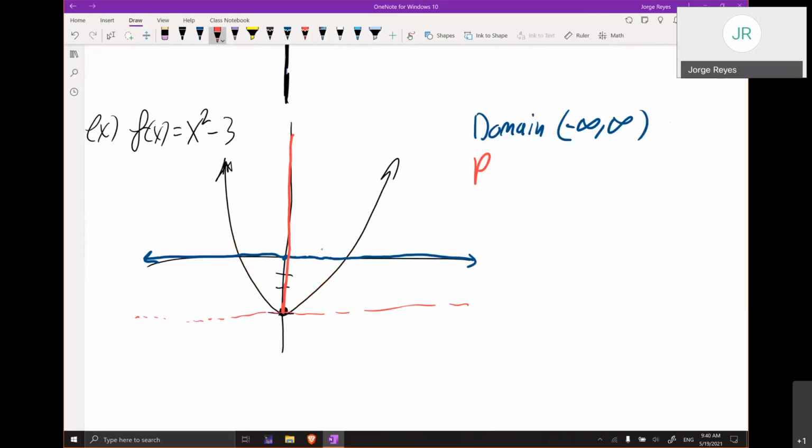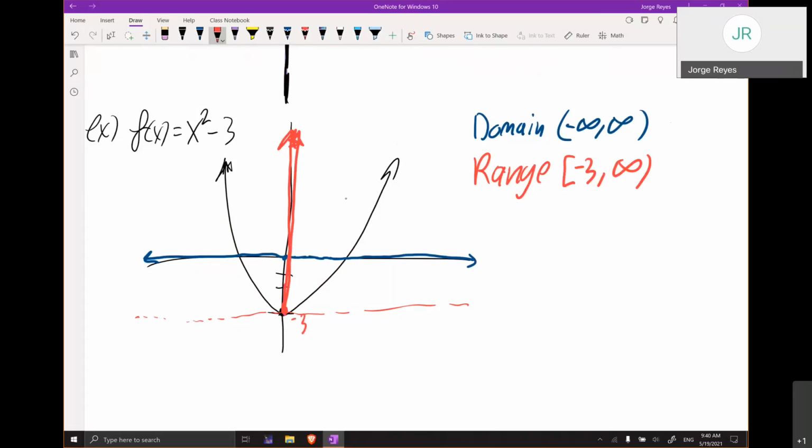So the range is, this is -3, so it's bracket -3 to infinity, because I start down here and then I just go up forever. I hope you can see the domain and range, like literally see how I'm getting these numbers.